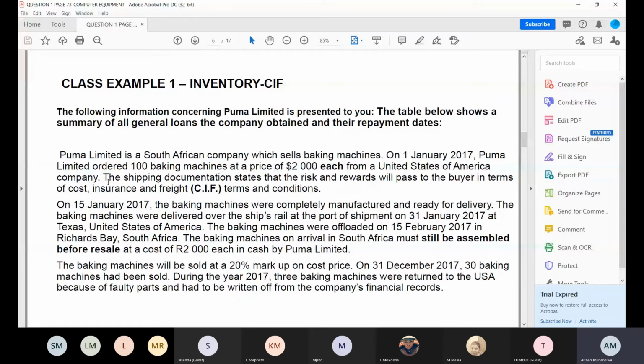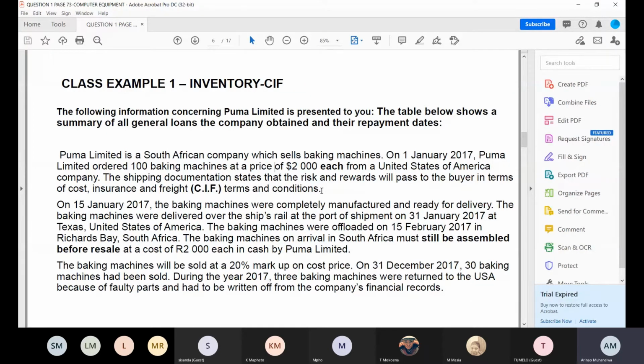Then in the same paragraph, it says that the shipping documentation states that the risks and rewards will pass to the buyer in terms of cost, insurance, and freight, CIF, terms and conditions. This is what I was explaining earlier, when we started with the class. It's very important to understand.